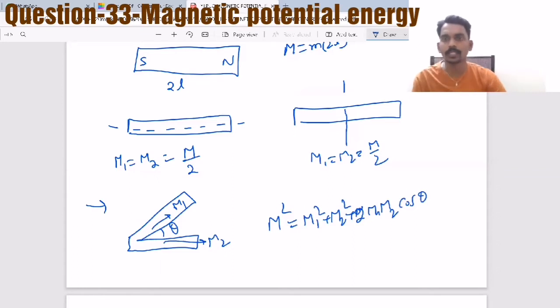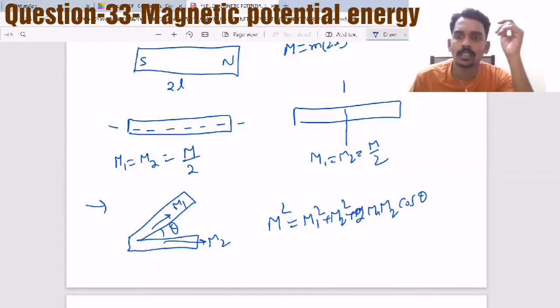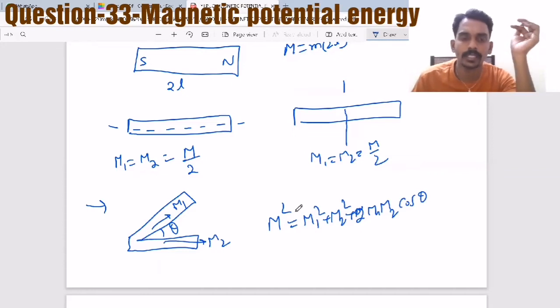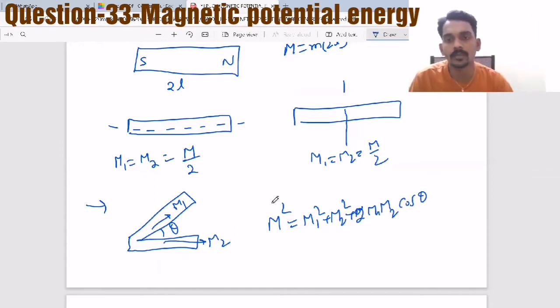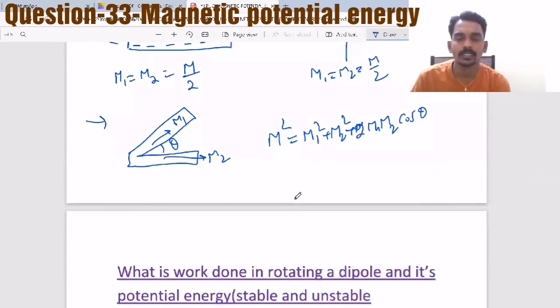So if you use the vector resultant, you can solve the questions based on the resultant or effective magnetic moment when two magnets are kept in contact or arranged at some inclination. Such kind of question they will ask.